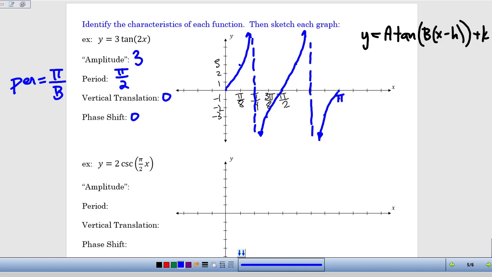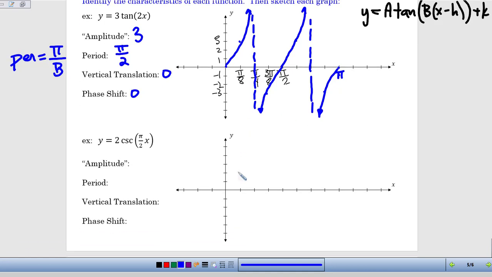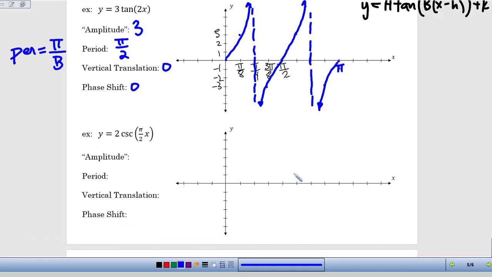For the next example, cosecant, we're going to do the same thing as we did for the parent graph, where we're going to go ahead and graph this as a sine function and then sketch in the asymptotes and the parabola-type shaped curves for the cosecant graph. So the amplitude of our sine wave that we're going to sketch is going to be 2.